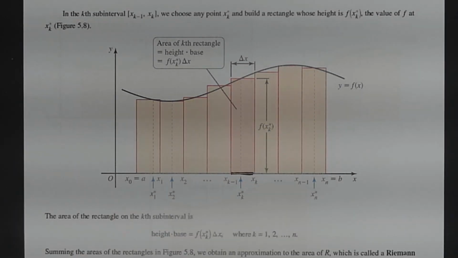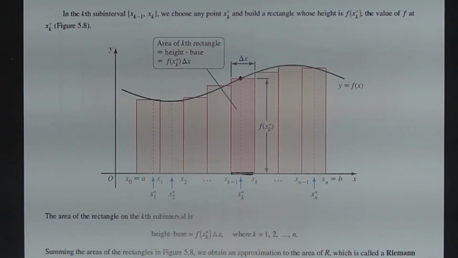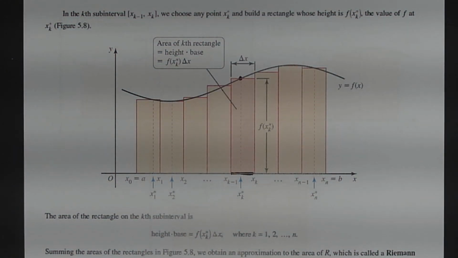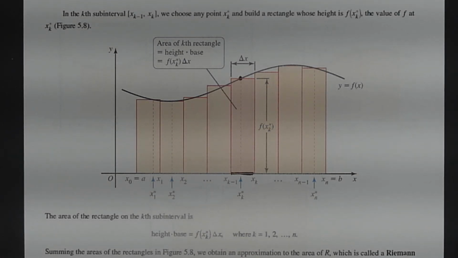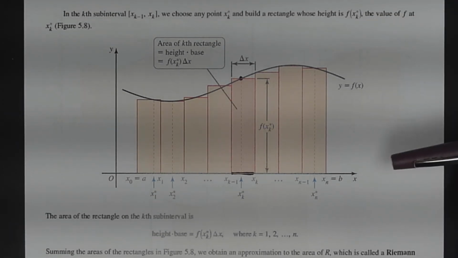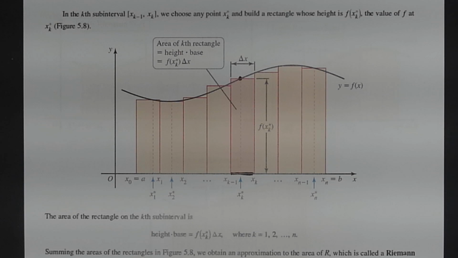That's up here, the point on the graph of y equals f of x. The value of f at x star sub k, as you can see in this figure.